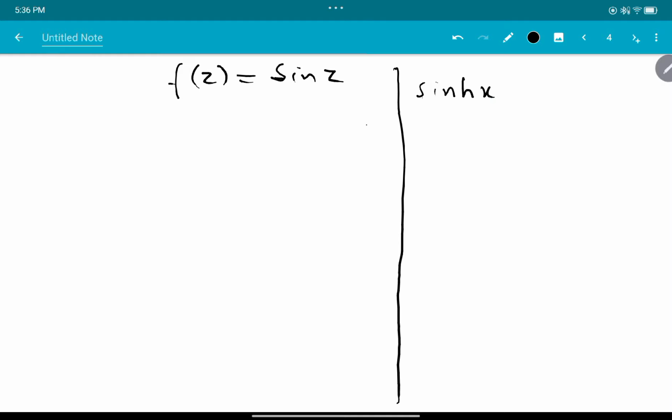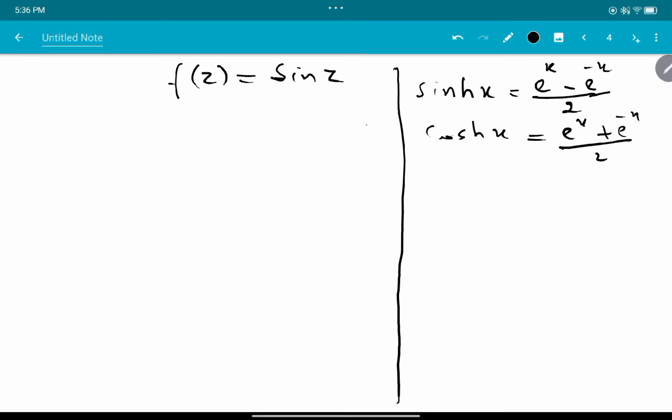The basic definition is sinh x equals e raised to x minus e raised to minus x, divided by 2. Hyperbolic cos has this definition: e raised to x plus e raised to minus x, divided by 2.